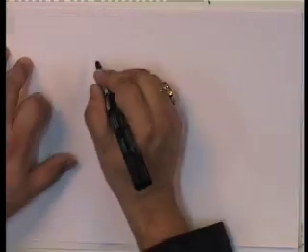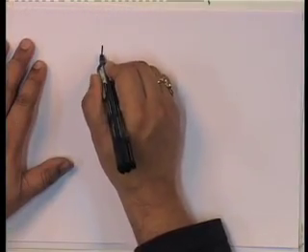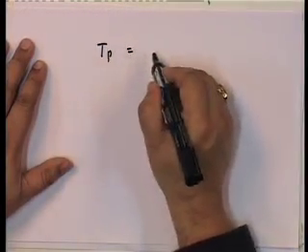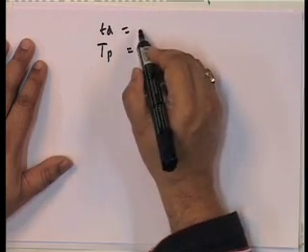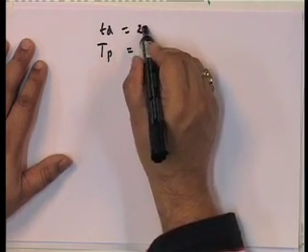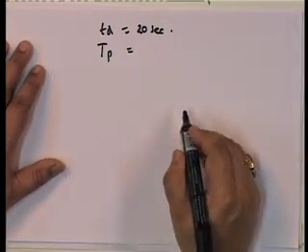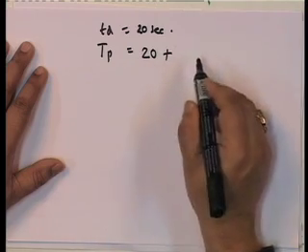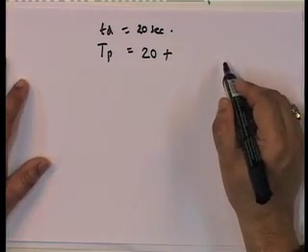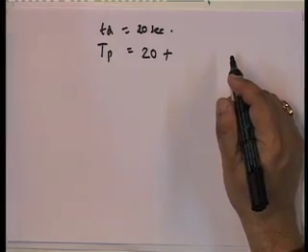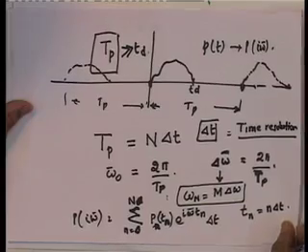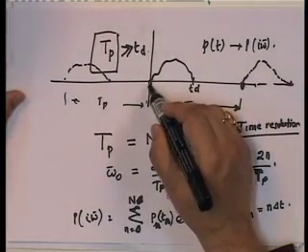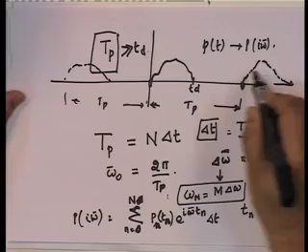Well, we have this situation where Tp is typically, if Td is of the order of about 20 seconds, Tp should be 20 plus. Now, what additional things have to be there? Well, let us go back to that. Remember, this is initial conditions at rest, and that is the one that you are doing.